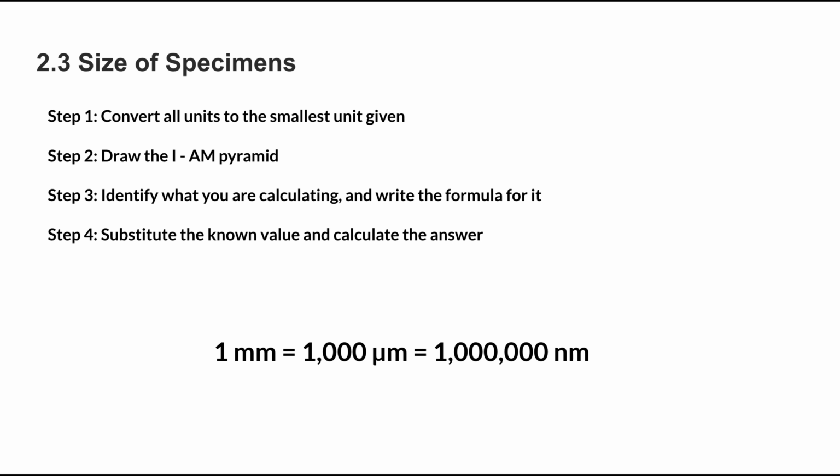If you were to calculate actual size, you can write image size divided by the magnification. And if you were to calculate the image size, you can multiply the magnification and the actual size. Sorry for the confusion. Then you substitute the known values in the formula to calculate the answer.